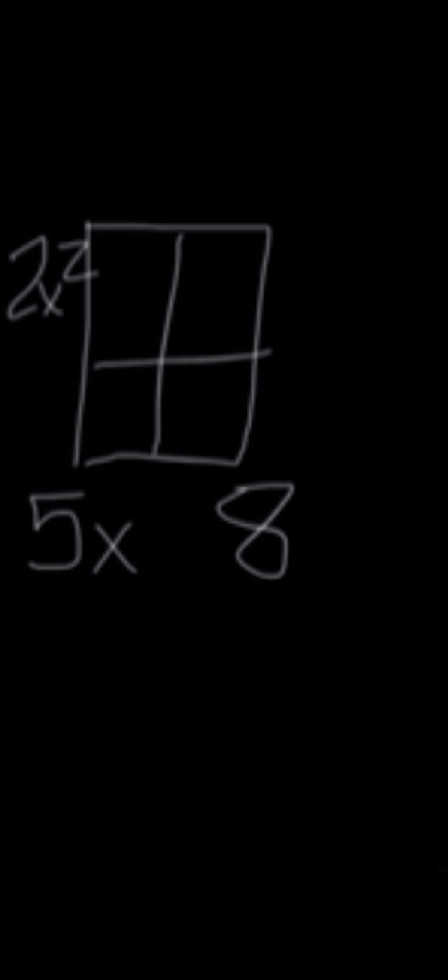So this just means that this box over here has to equal 2x to the second power, and these two boxes have to equal 5x, and this box over here has to equal 8.